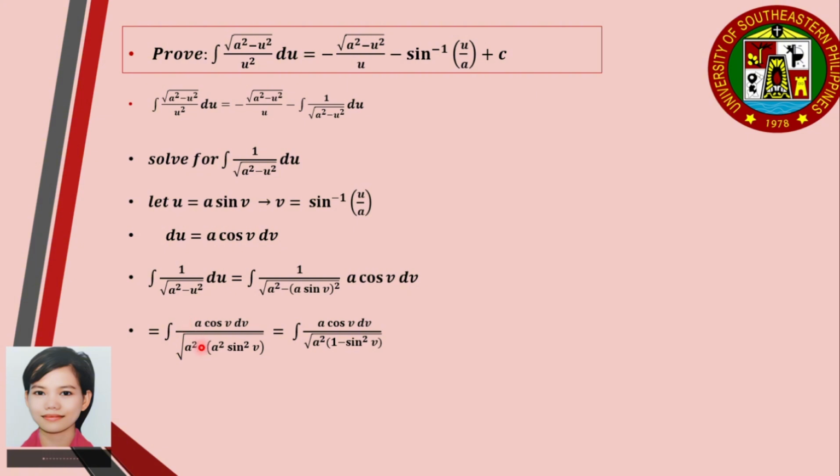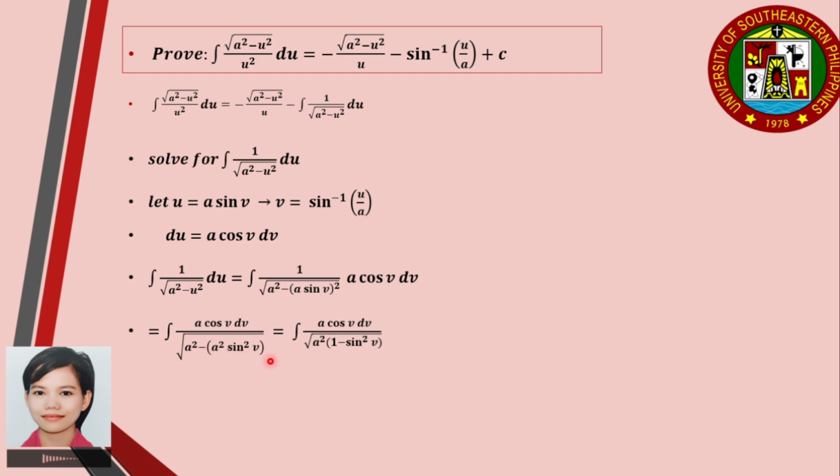So, the integral of a cos v dv, from this one, we put that in the numerator, and for the denominator, we distribute the square to our function, so the square root of a squared minus a squared sine squared v. After that, we simplify since we can factor out the a squared from here.